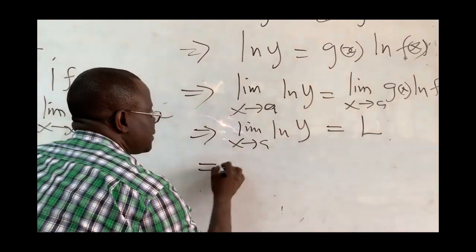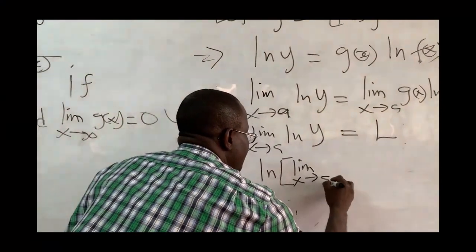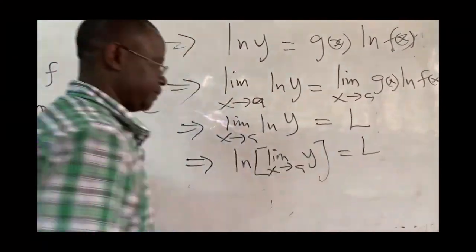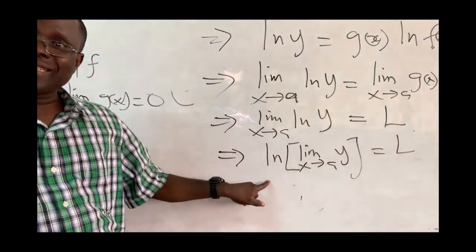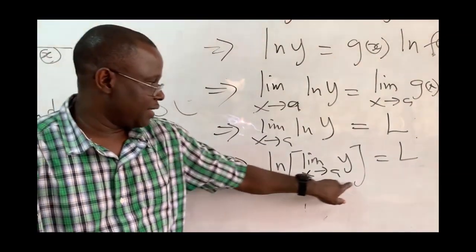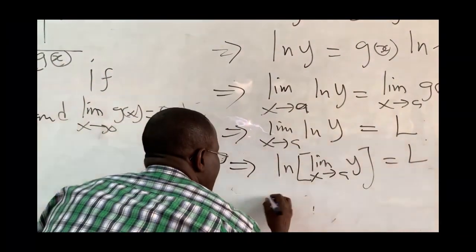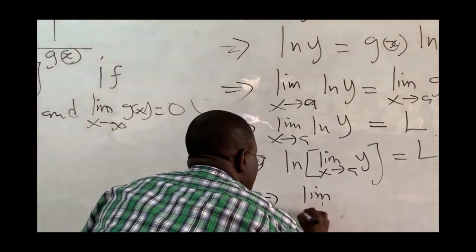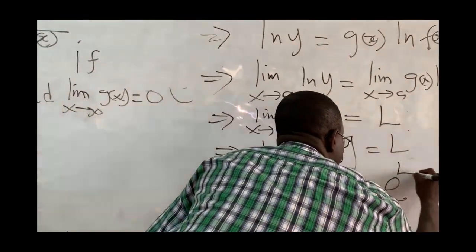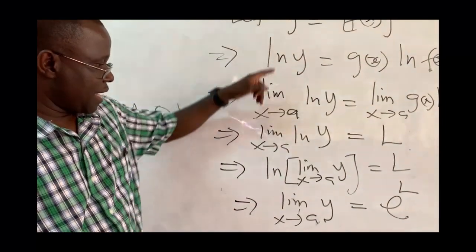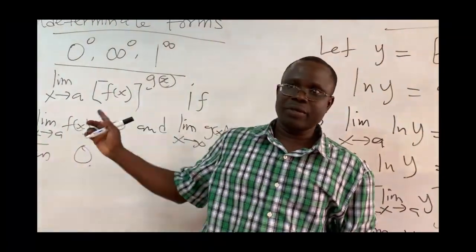So you can rewrite this as the ln of the limit as x goes to a of y is equal to L. Note that ln is the log to the base e, so this thing here is equal to e raised to the power L. This implies that the limit as x approaches a of y is equal to e raised to the power L.